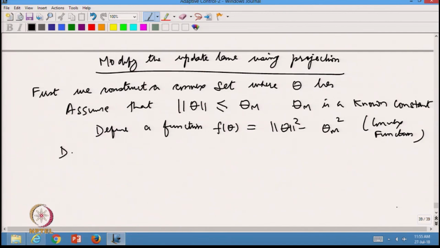So then, using this convex function, we can define a convex set like before. So here let's just use delta, which is delta equal to 0.